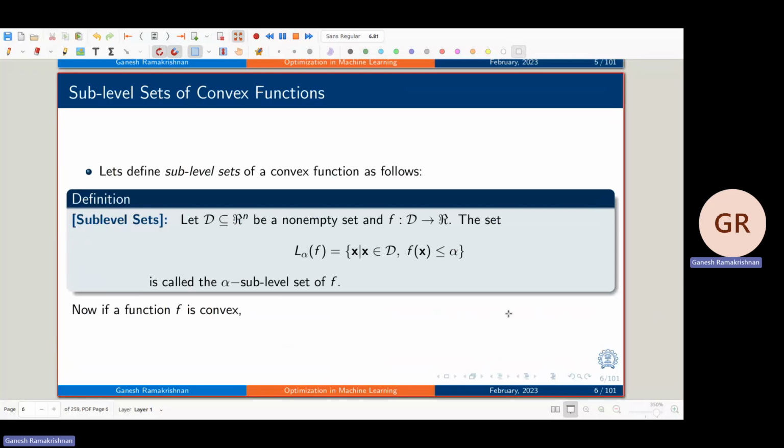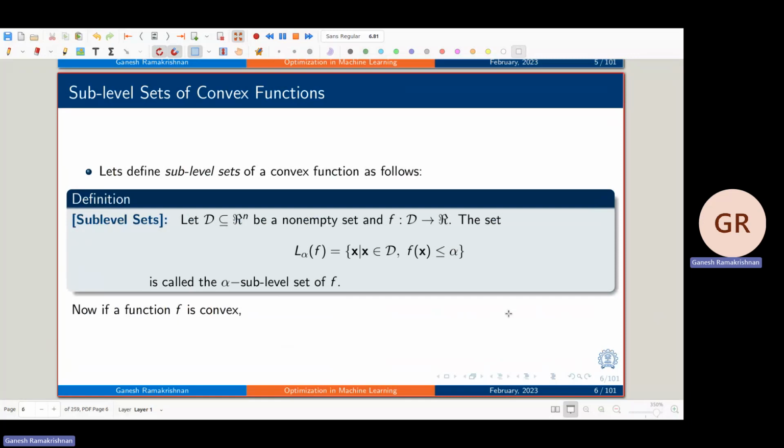If you have the function in, let's say, 3-dimensional space, x1, x2, x3, this is a convex function. Consider how it might appear on the x1, x2 plane. This is f(x1, x2), a function axis, with x1 and x2 axes.